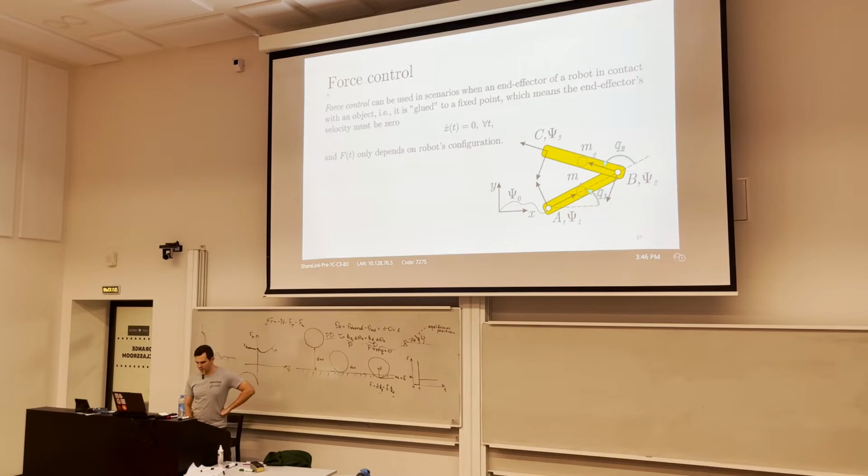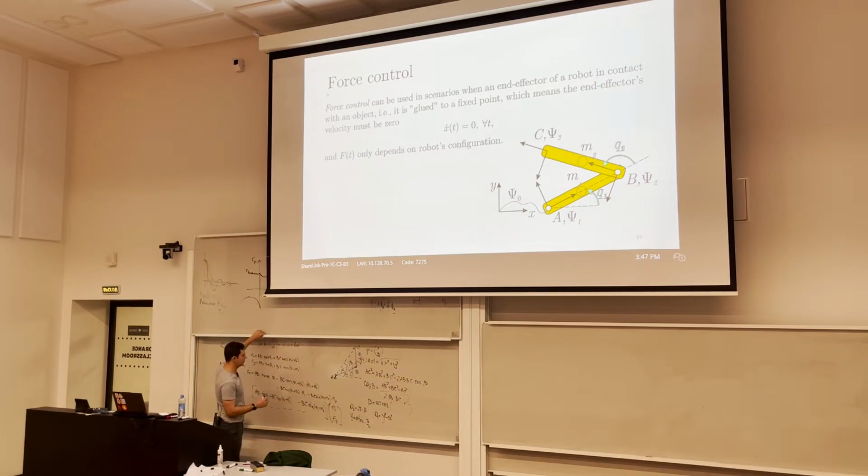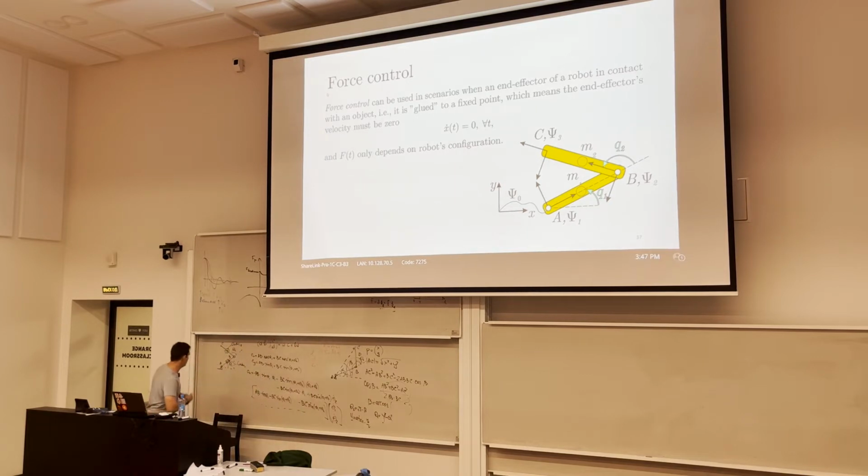So let's assume that the only thing that we want is just to apply force to this board. We have a robot, and where our robot is. Let's assume the same picture. Let's assume that we have a force here, reaction force.